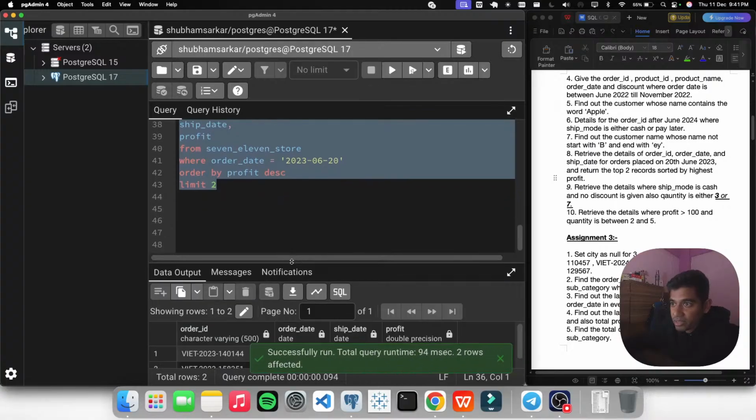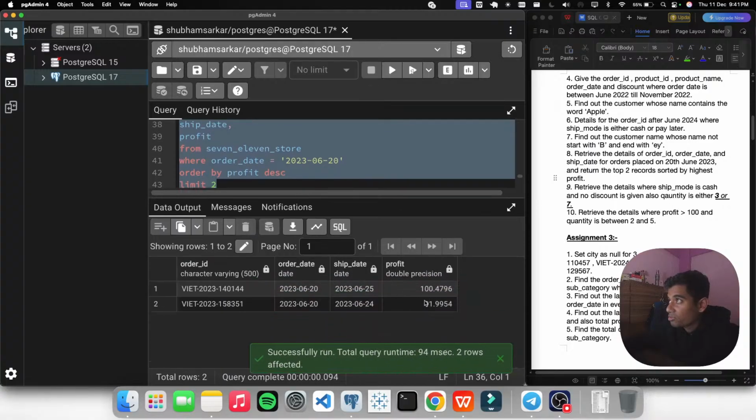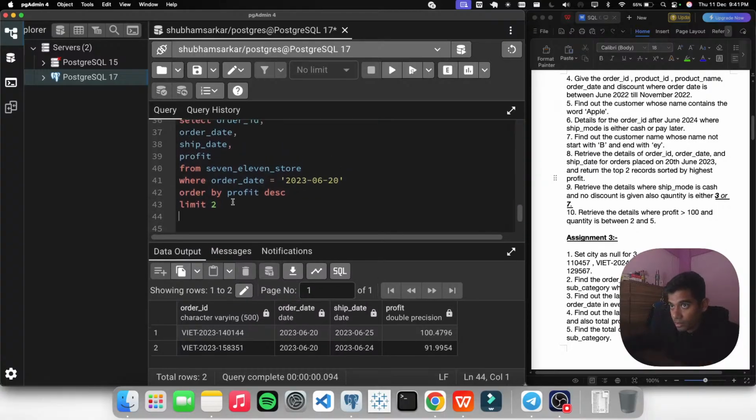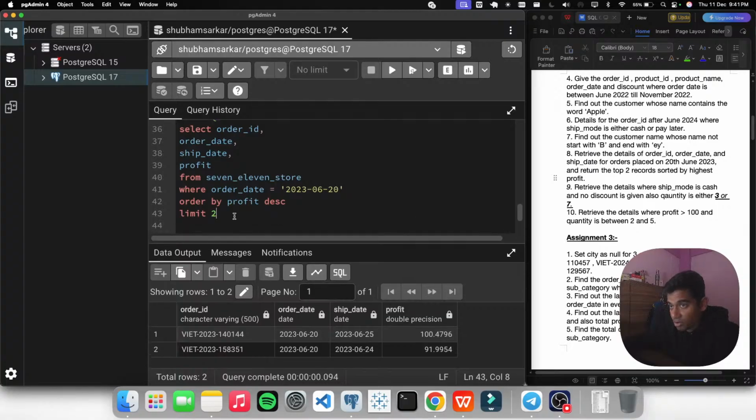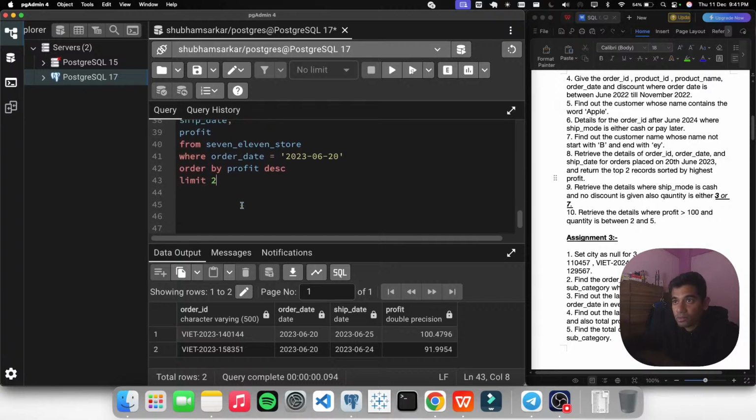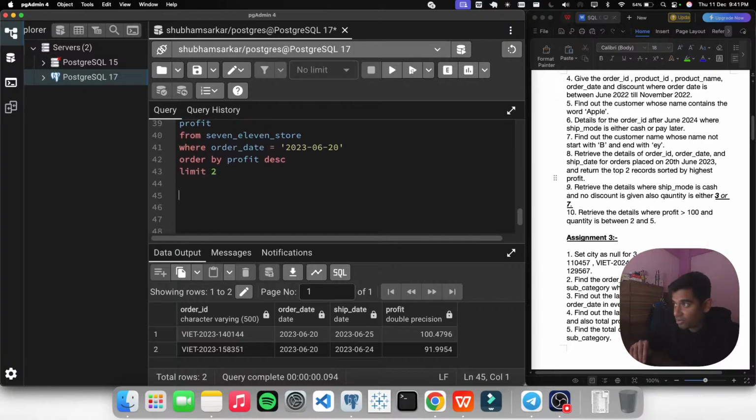Simple, just go and execute it. The output is 100 and 91, the two records with the top profit out of four. So we have done question number 8.